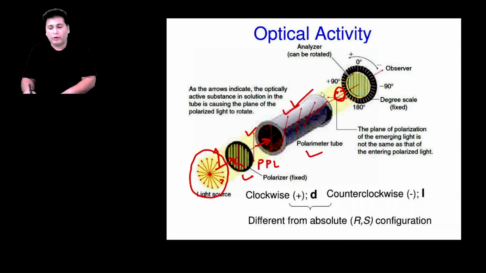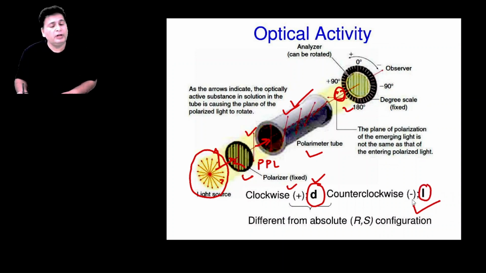So it's very important. For example, once you realize that the plane polarized light has been rotated in the clockwise direction, then the compound is called dextrorotatory, and we put the symbol small d for the optical property of that compound. And if the light is rotated in the anti-clockwise direction, we use the letter L, which means levorotatory.